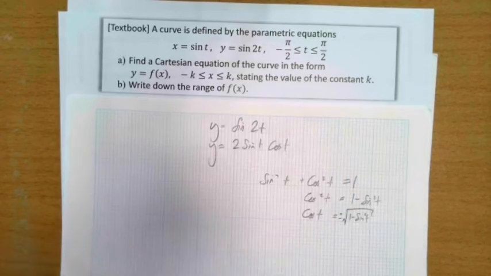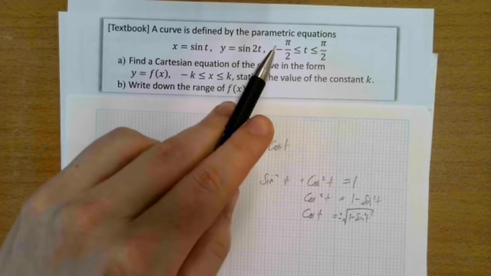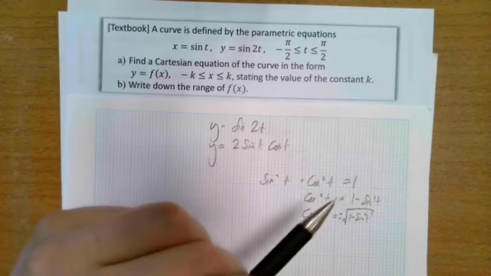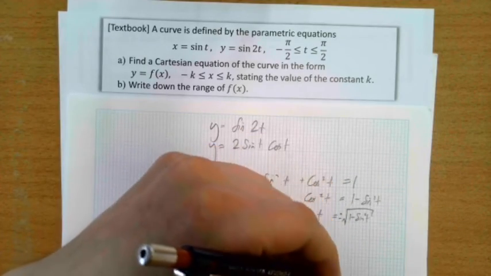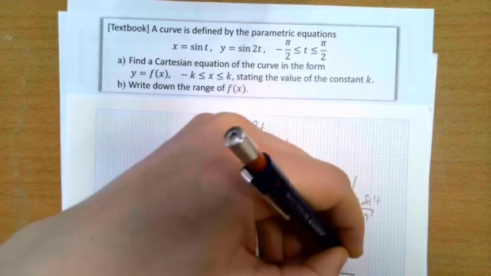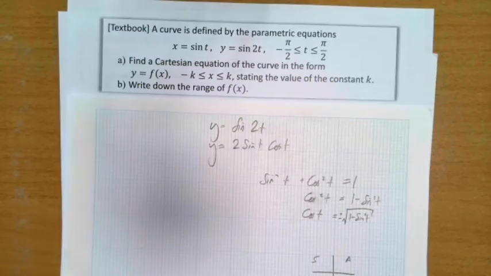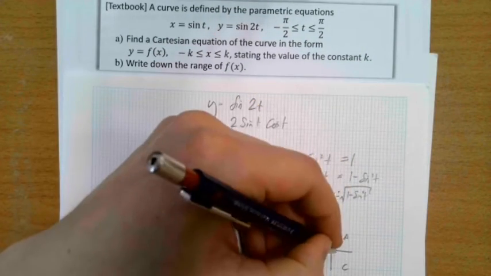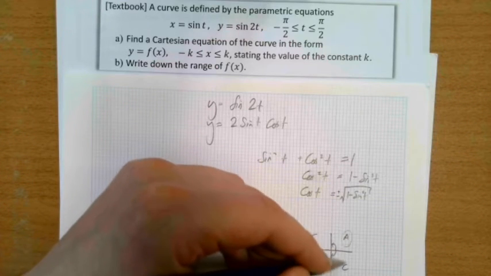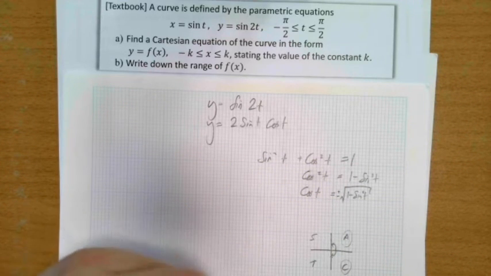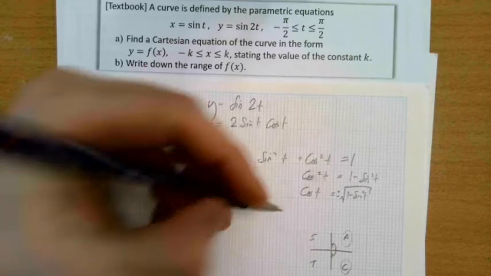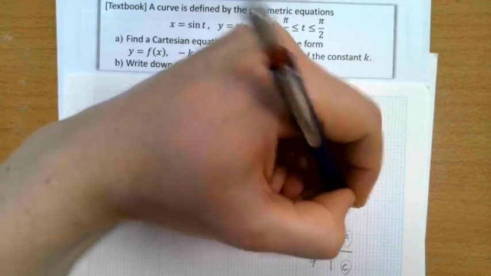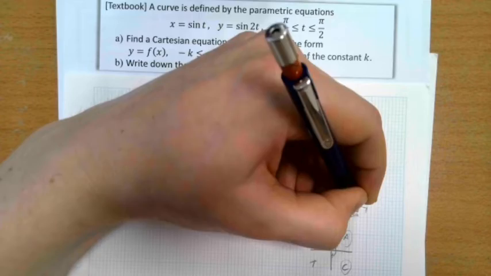And I suppose, strictly speaking, I should have written plus or minus here, but let's have a look at the domain. We're told that t is between minus pi over 2 and positive pi over 2. If I did a quick sketch of my CAST diagram, in that domain from 0 to pi over 2 and 0 to minus pi over 2, both of these quadrants in our CAST diagram have a positive cosine, so it must be that cos t is positive, and so it's equal to the square root of 1 minus sine squared t.